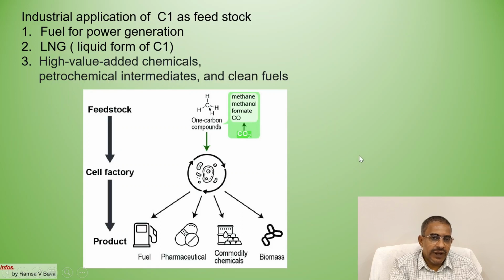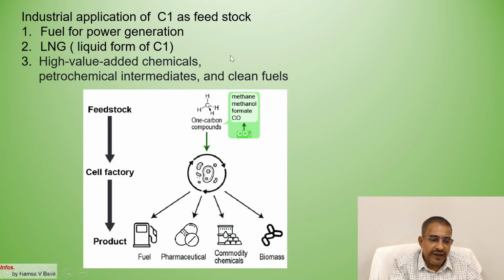So most countries are using gas turbine driven power plants with C1 as fuel. C1 is converted into liquefied natural gas, that is LNG. Some countries are producing LNG, and some other countries are importing LNG and converting it again into gas form of C1 and using it as a gas fuel.